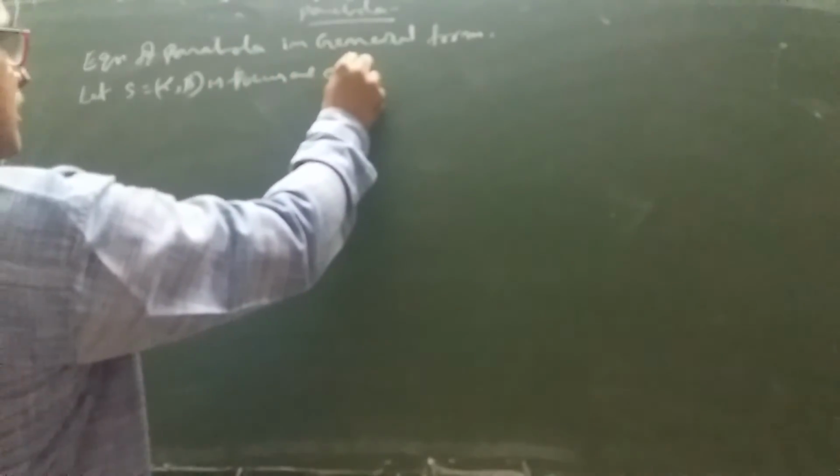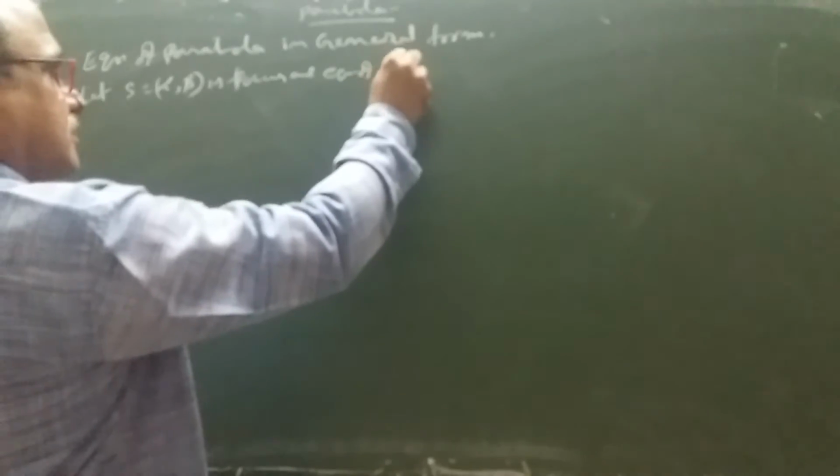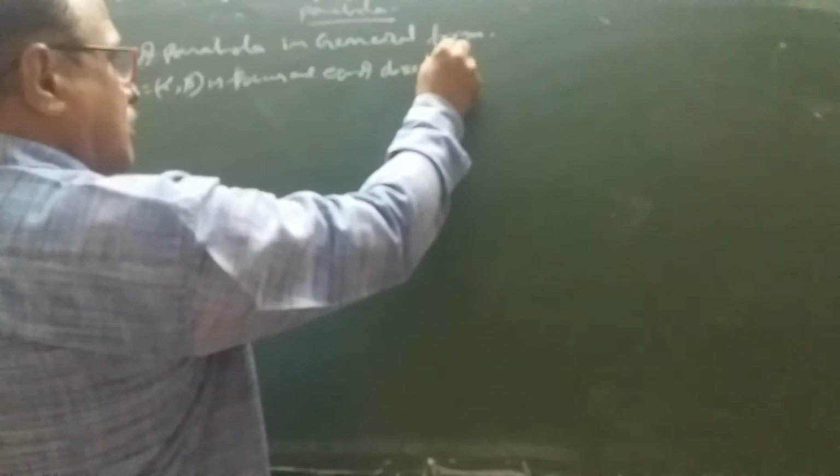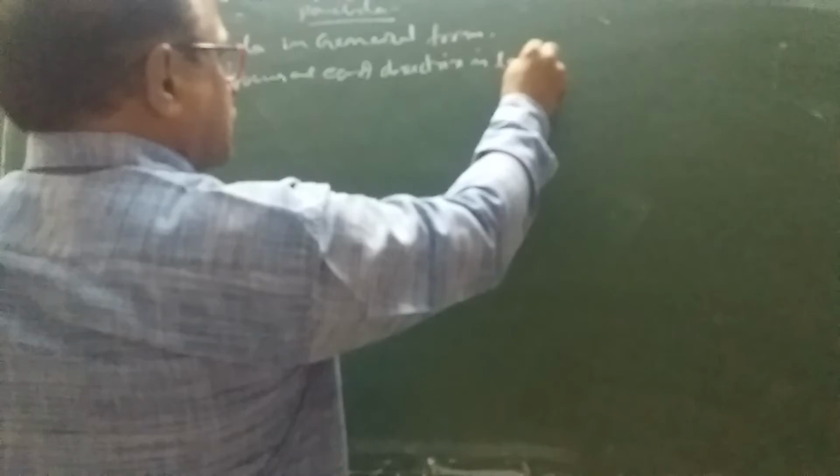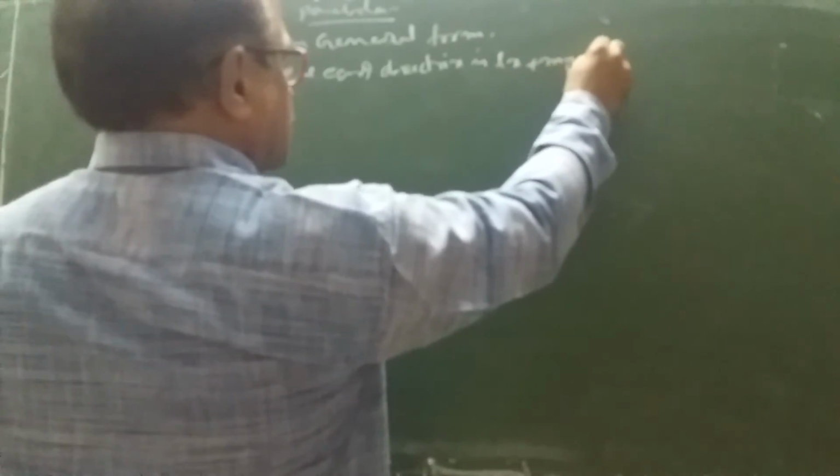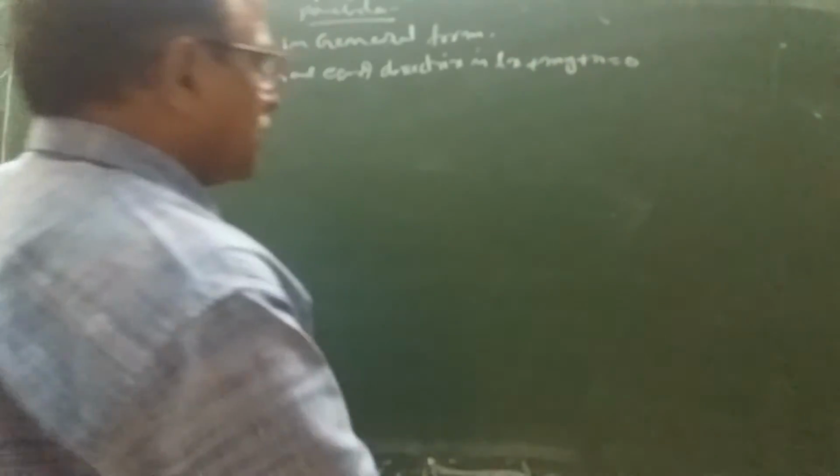Now we have to let S = (alpha, beta) be the focus, and the equation of the directrix is Lx + My + n = 0.